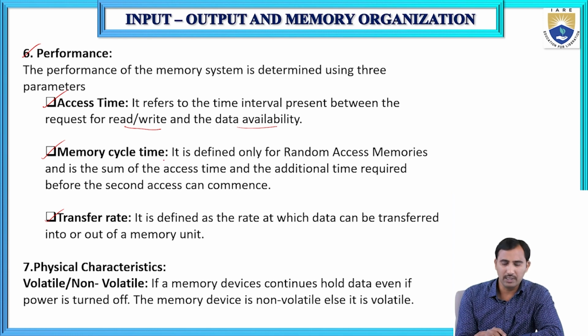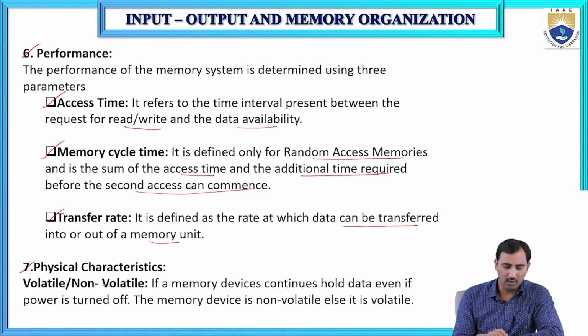Memory cycle time is defined only for RAM, random access memories, and it is the sum of access time and additional time required before the second access can commence. And transfer rate is defined as the rate at which data can be transferred into or out of the memory unit.